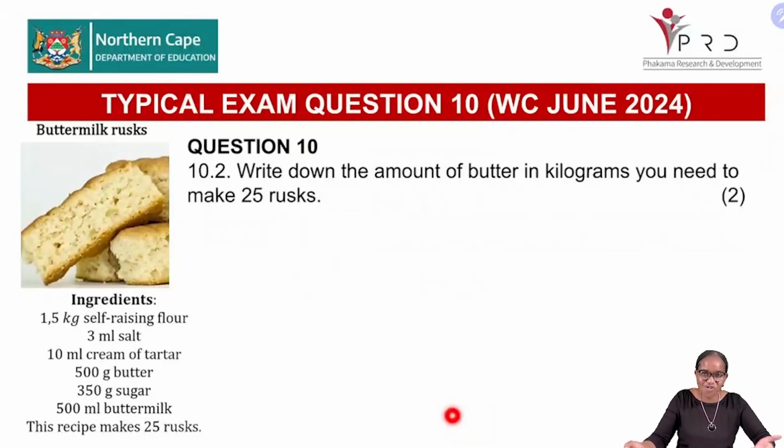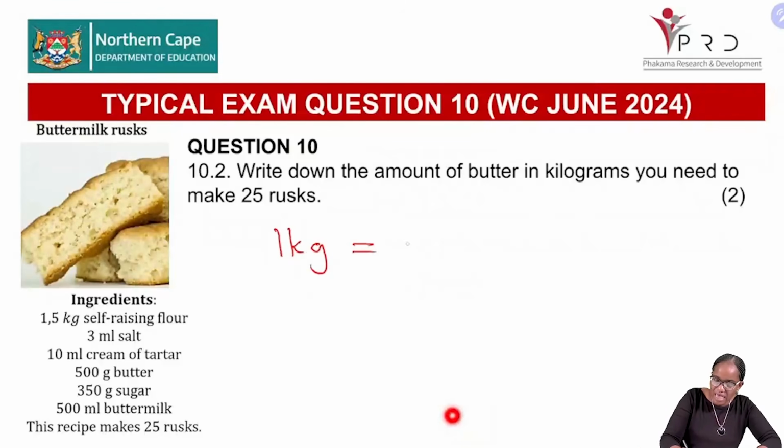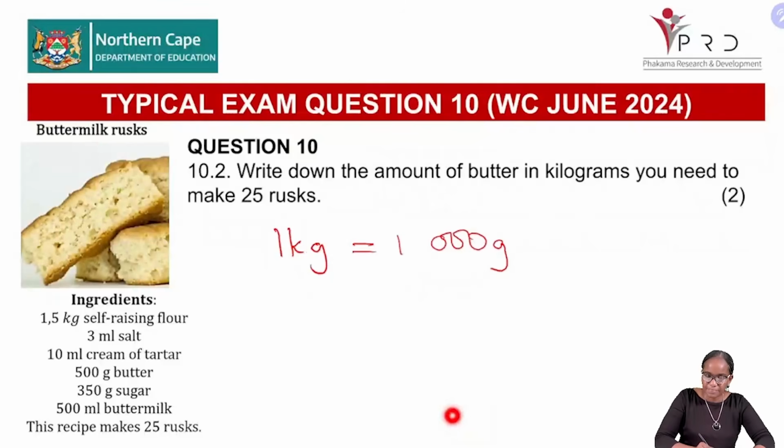Now we are converting. We are saying 1 kilogram is equal to 1,000 grams. Since we want to convert from grams to kilograms, grams are smaller.